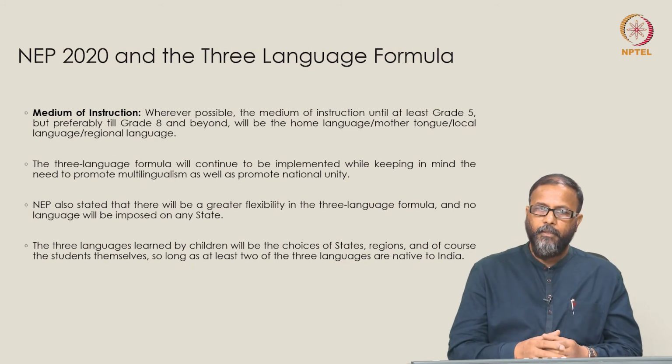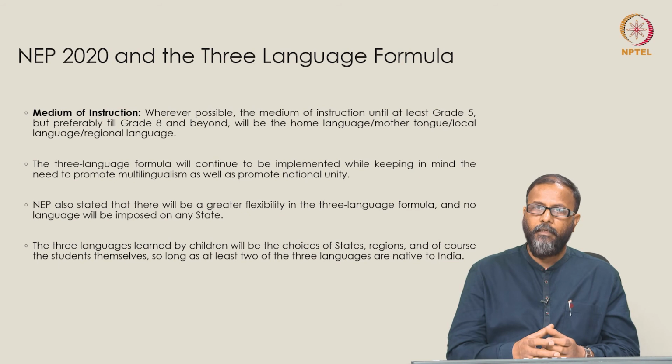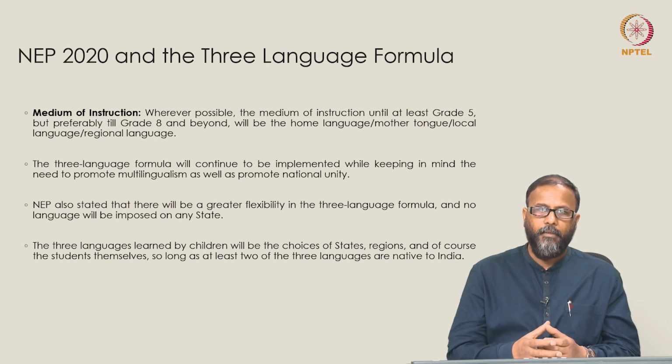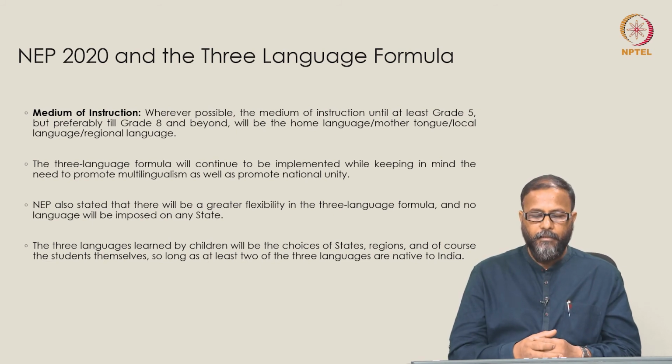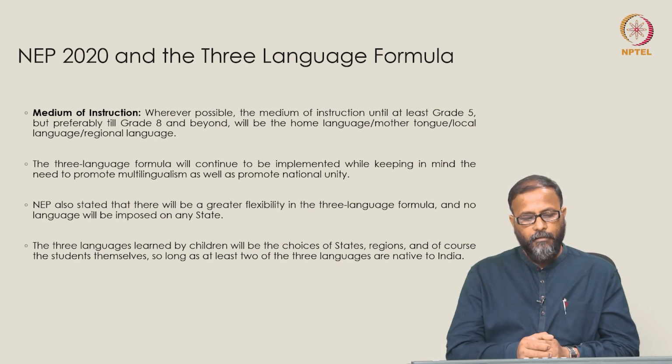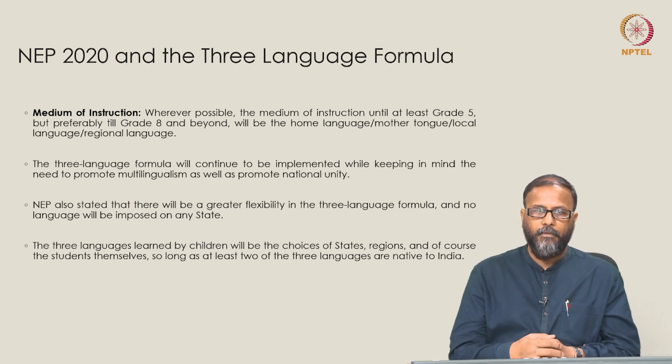So, wherever possible, the medium of instruction until at least grade 5 should be the mother tongue, preferably till grade 8 and beyond, the home language, mother tongue, local language or regional language.